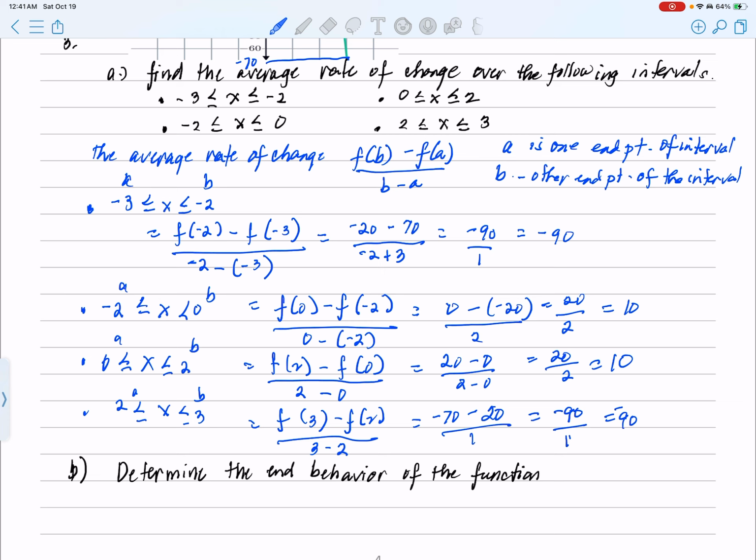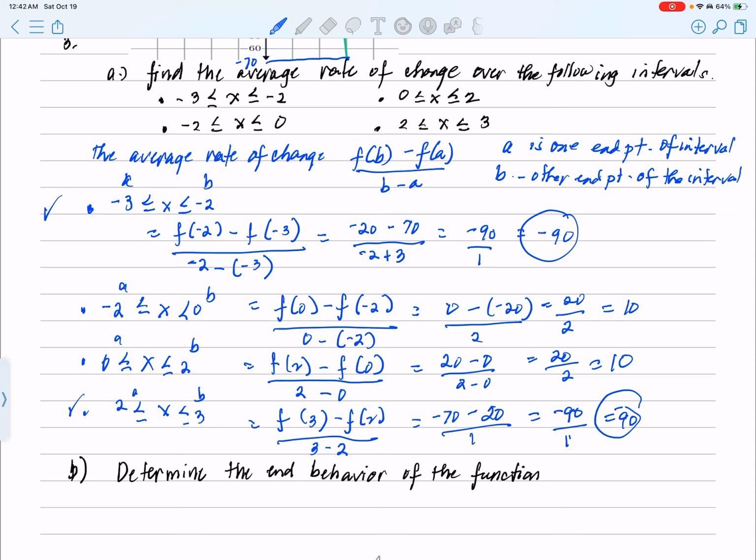The average rate of change in the interval between negative 3 and negative 2, and 2 and 3, are the same, right? Like this, negative 90.